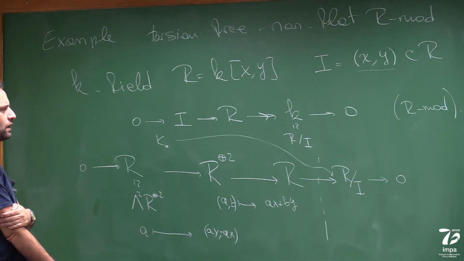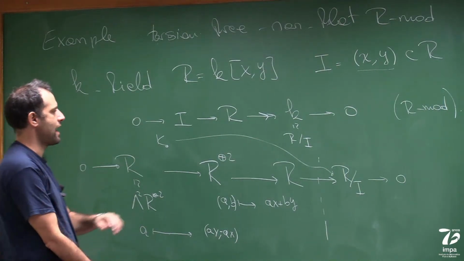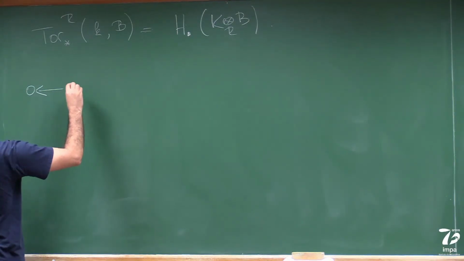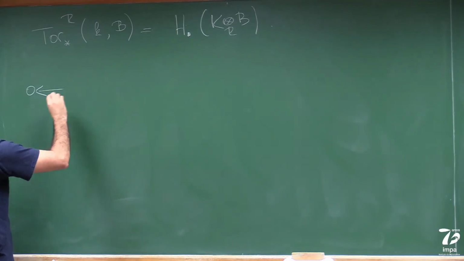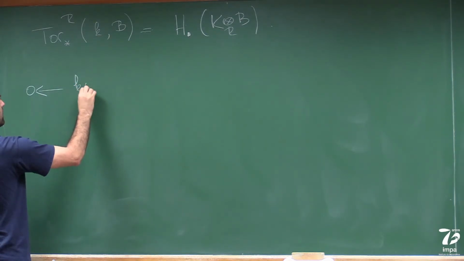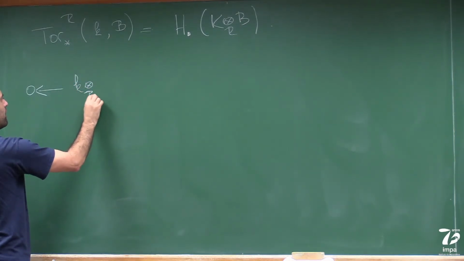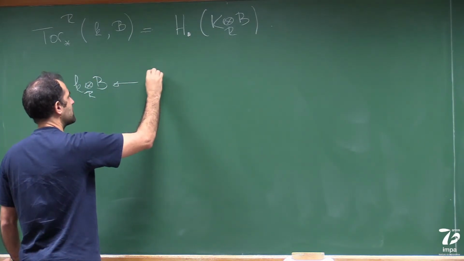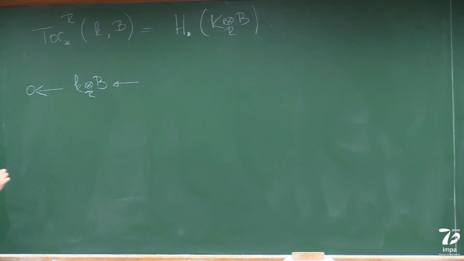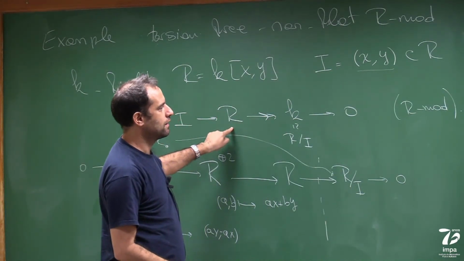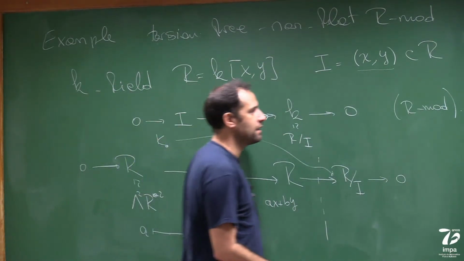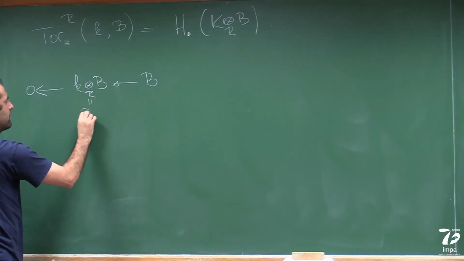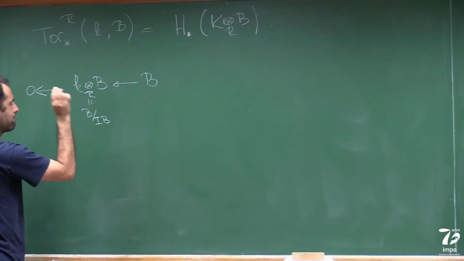Let's take Tor of this thing with any module B. I'm going to take Tor 0 of this guy with a module B. So that's just K tensor over R with B. This is Tor 0 of R tensor over R with the module B, which is just B, and this is just B divided by IB.